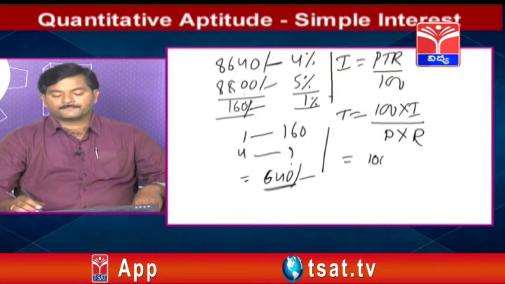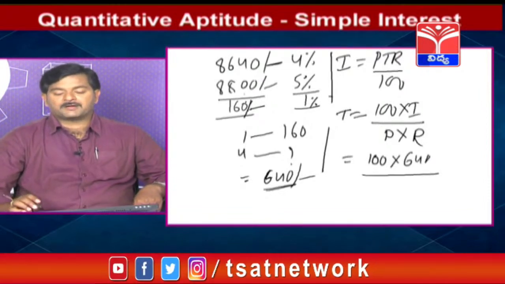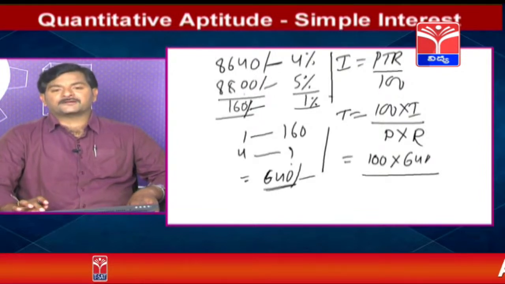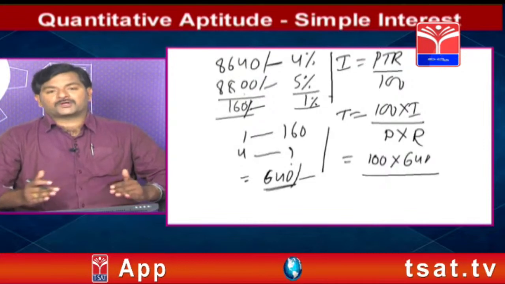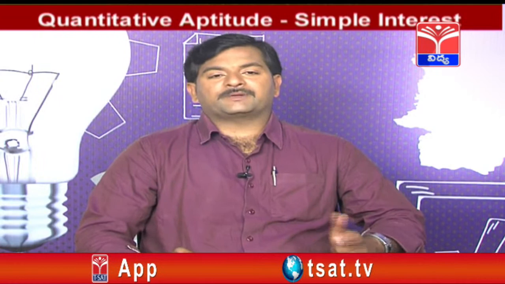So 100 into interest, 640, divided by the principal amount. You should not take the principal amount as 8,640, because that is the amount, not the principal value.